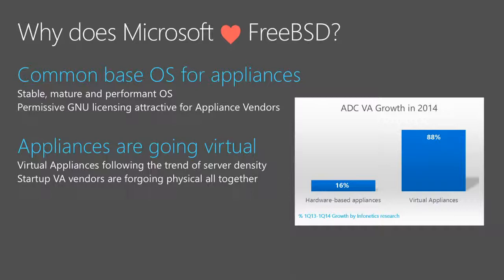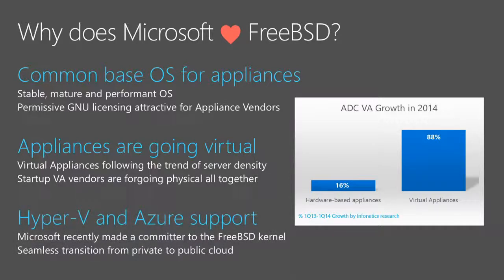As you can see from the graph, as an example, application delivery controllers, which are basically network appliances, the growth in 2014 of physical appliances was only 16%, whereas on the virtual side, it grew 88%. And we see the same thing across other types of network appliances as well as storage. The trend is very clearly there. They're going virtual.